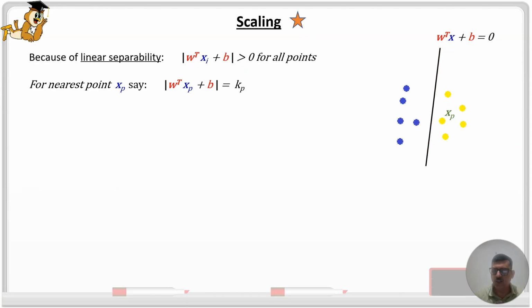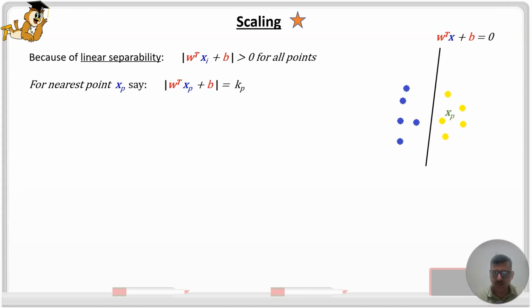Now, let us say you had the nearest point xp. There could be one or more nearest points, but there will always be at least one nearest point. Let us say that a nearest point was xp. Here I have indicated it with this yellow dot right here.